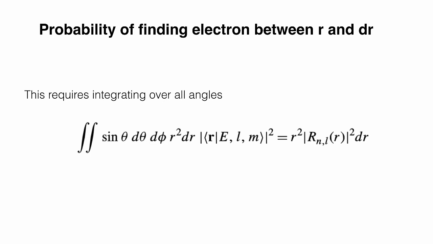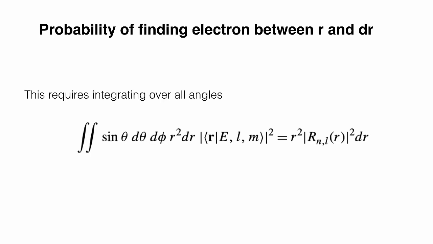Very often we are interested in the probability of finding the electron between r and r plus dr. In spherical coordinates, we have to consider a shell between a sphere of radius r plus dr and a sphere of radius r. So we're interested in the probability of finding the electron in that shell between those two spheres.